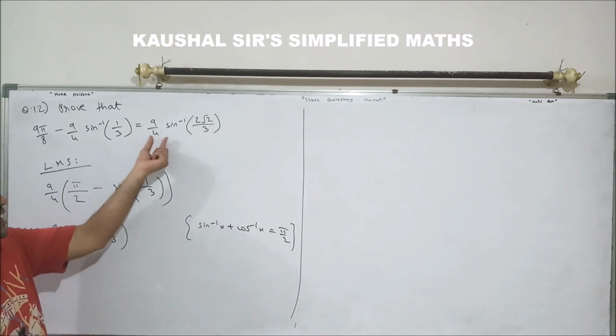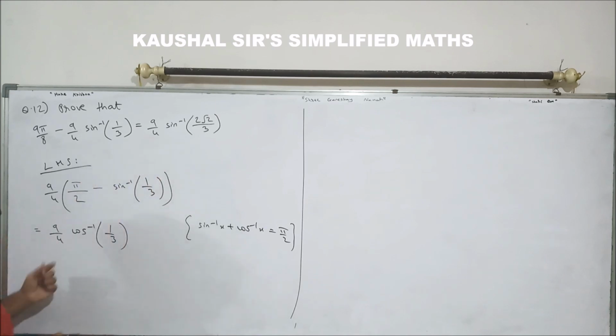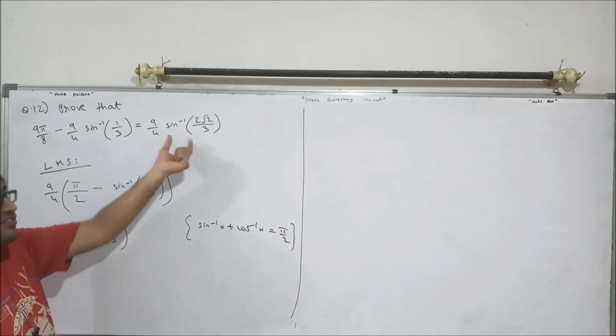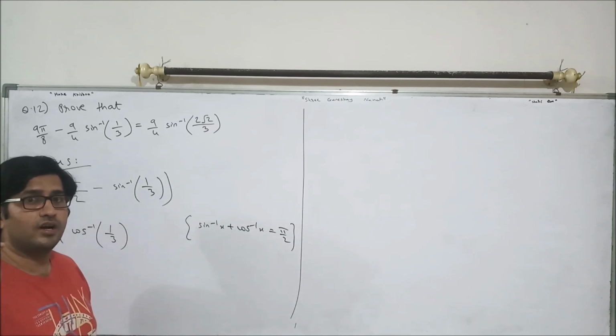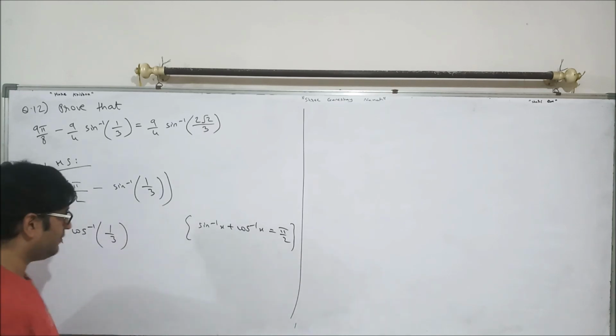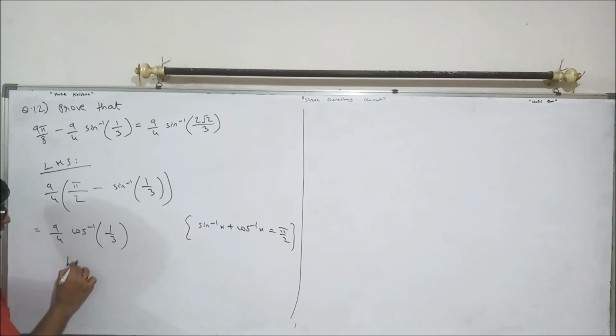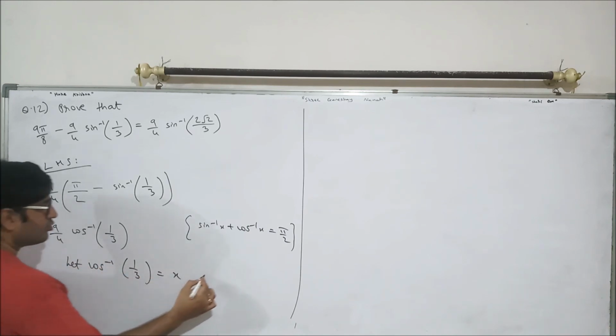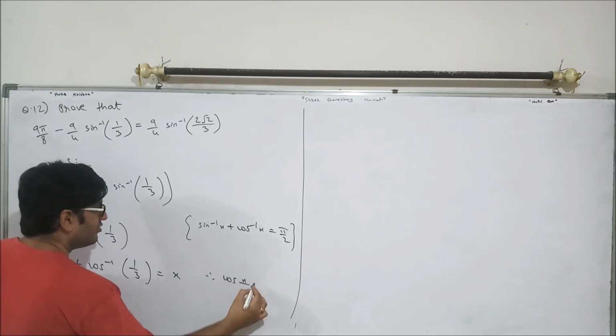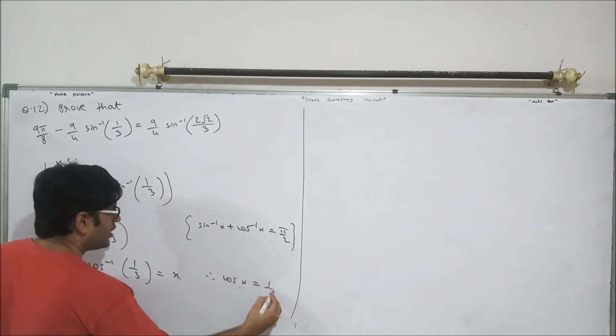But if you observe the RHS, you have 9 upon 4, yes, but you have cos inverse, whereas we need sin inverse. So we can convert cos inverse in terms of sin inverse with the help of a samosa, I mean triangle. So what we do is, let cos inverse of 1 upon 3 be equal to x. Therefore we can say that cos x is equal to 1 upon 3.